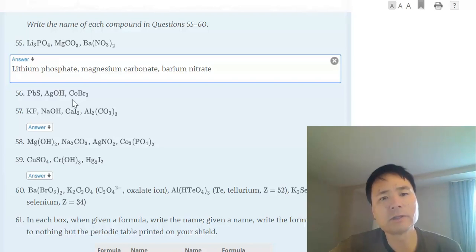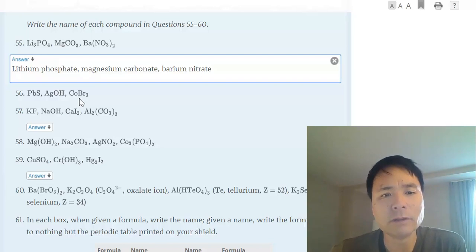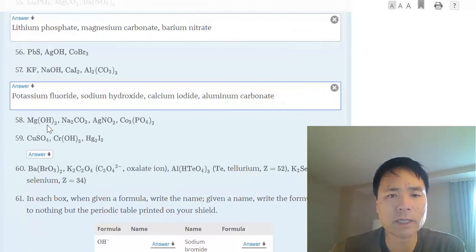This is cobalt. Cobalt's variable charge, 2,3. So this is cobalt(III) bromide. Cobalt, Roman numeral 3 in parentheses, bromide. This is potassium with fluoride, potassium fluoride, sodium hydroxide, calcium iodide, and aluminum carbonate. This is magnesium hydroxide, sodium carbonate, silver nitrite, and then cobalt.